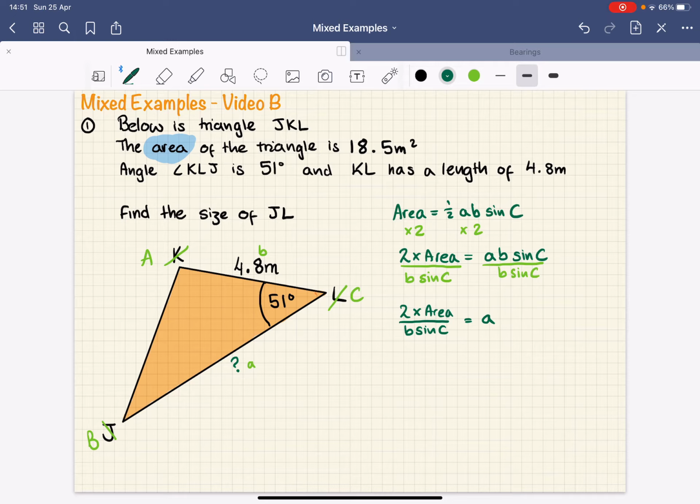So that's the formula I'm going to use. Substituting into it, and while I'm at it, I am going to swap the A around to the front. I'm going to have 2 times my area, that 18.5 that we were told about earlier. So 2 times 18.5 all over my B, which is 4.8, times sine 51.